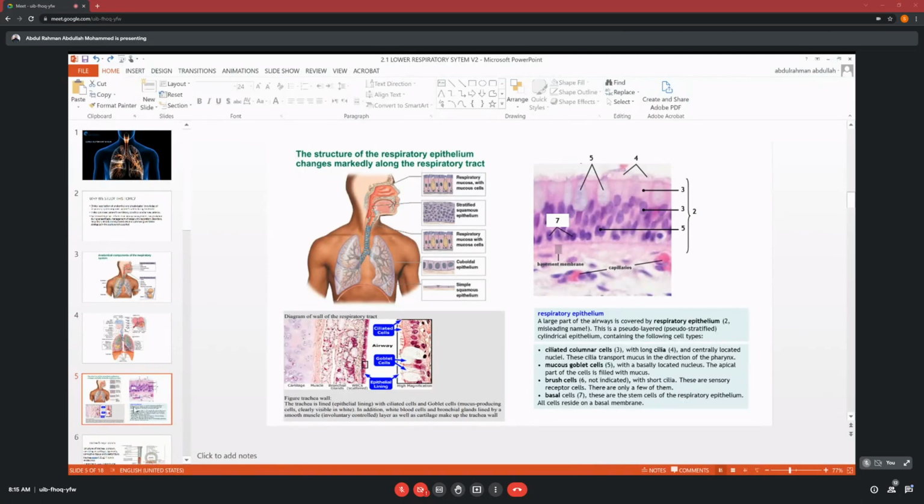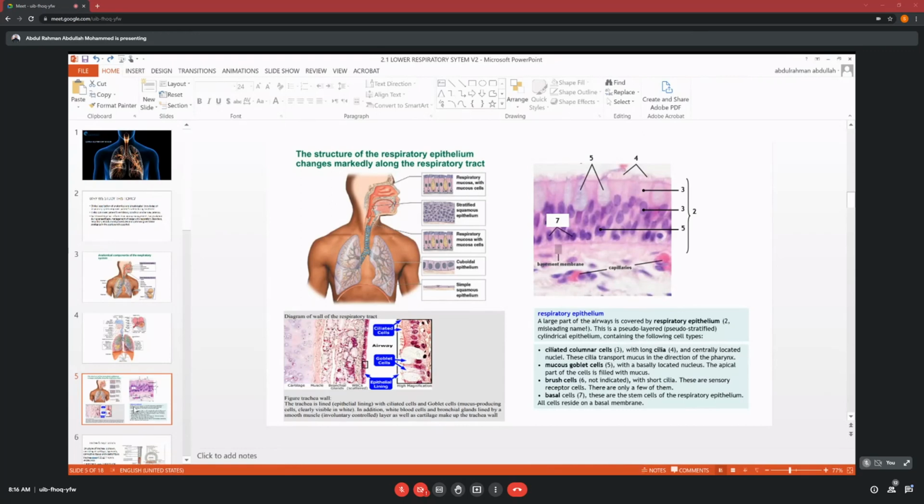Because every opening of the body has a connection with the outer environment. It has to be keratinized to protect the lining from bacteria and others. So the nasal cavity part only has keratinization, like the oral cavity, like the anal canal. The openings have keratinization. Otherwise, the rest of the conducting zone is pseudostratified tall columnar ciliated epithelium.